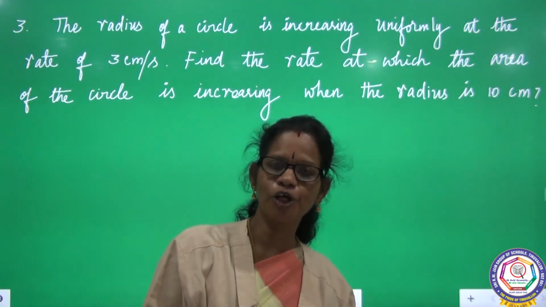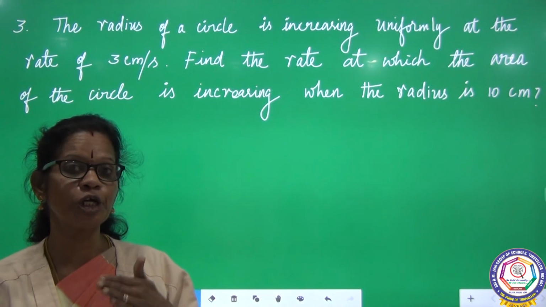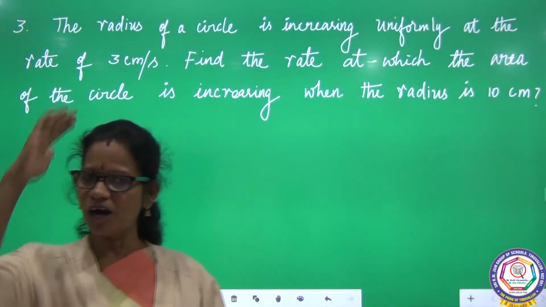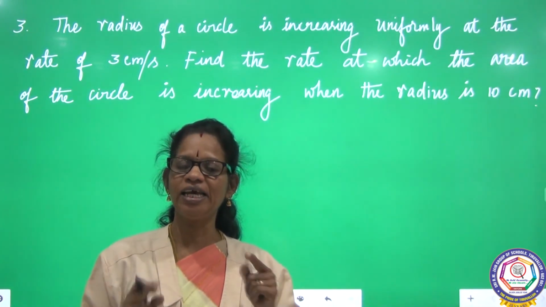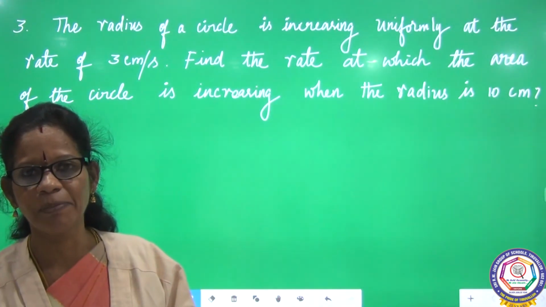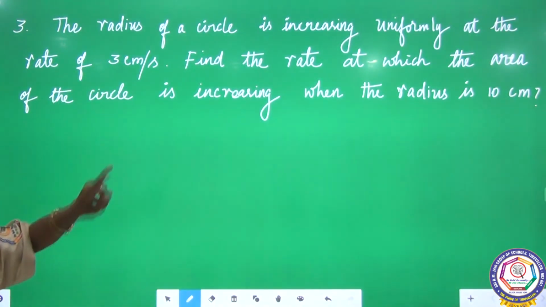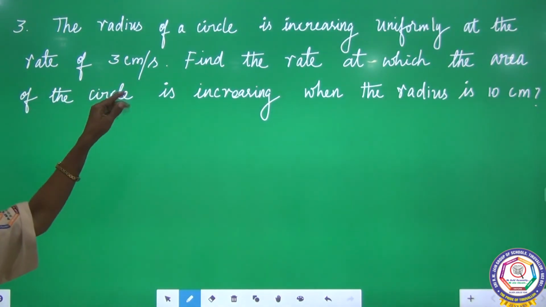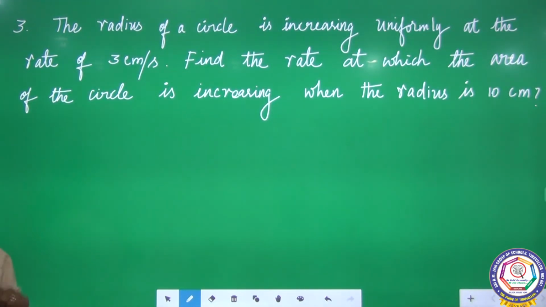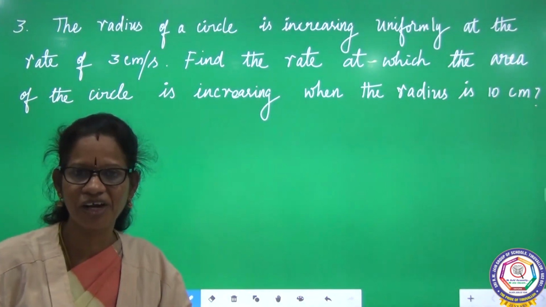The volume of a cube increasing at the rate of 8 centimeter cube per second. What I discussed there, dV by dt. The second is represented by t, right? Here also the same. The radius of a circle is increasing uniformly at the rate of 3 centimeter per second. When you read the statement, understand that at the rate of means that it is differentiation, right?